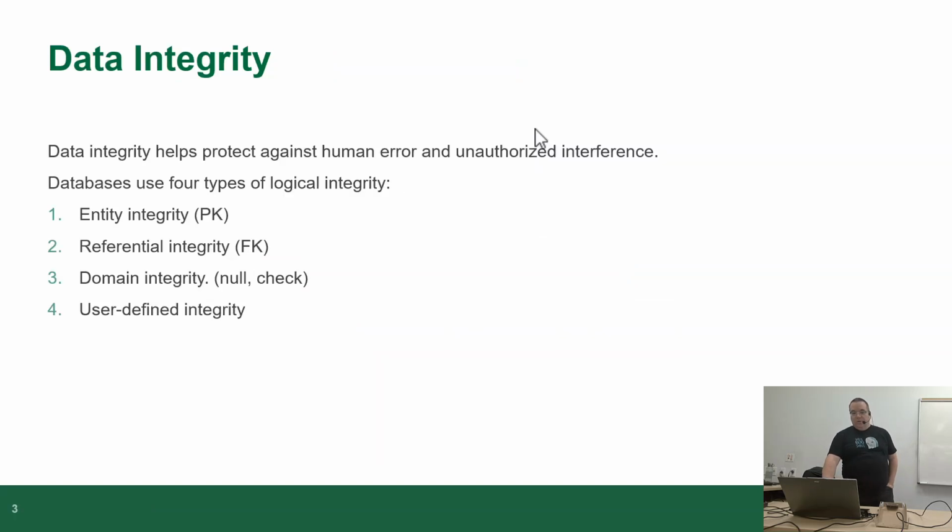That's nothing new. However, when we talk about creating database tables, we tend to want to cover a topic called data integrity. Data integrity's purpose is to make sure that you protect your data against unauthorized security issues and meat sack problems.